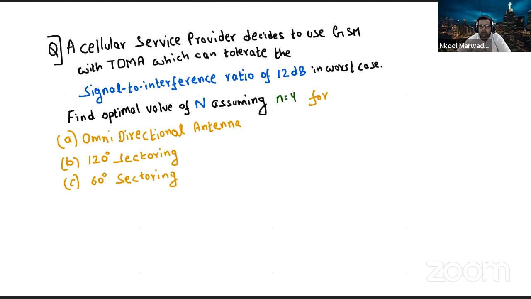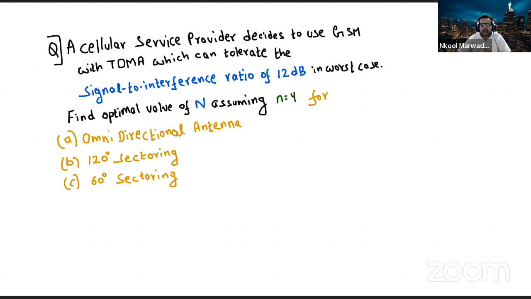That is what we want. And there is always a minima of signal to interference ratio which we can tolerate, and in this scenario, that minima is 12 dB. So anyhow, S by I has to be greater than 12 dB.